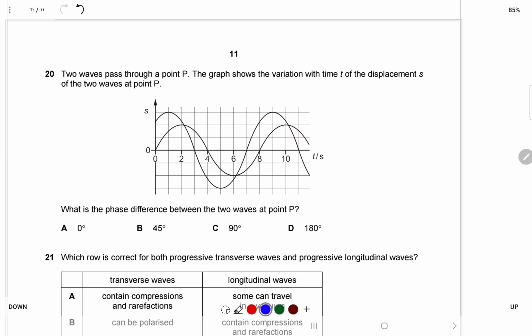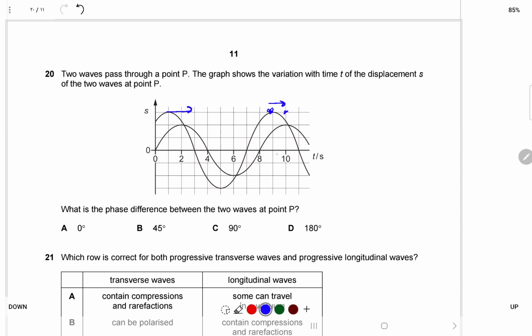So if you move, for example, the upper wave 1 square to the right, like this, the two waves in this case will be exactly in phase. So if you move this from this point to this point, 1 square to the right, the two waves will be exactly in phase, which means the phase difference is 1 square. The phase difference between the two waves is 1 square out of the total length.